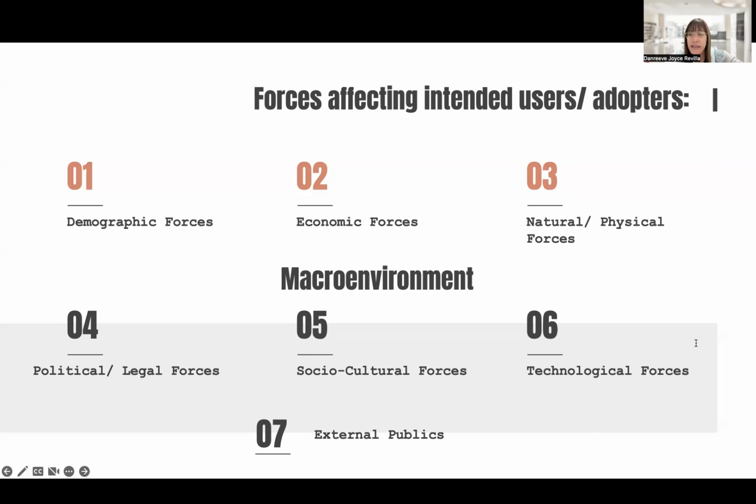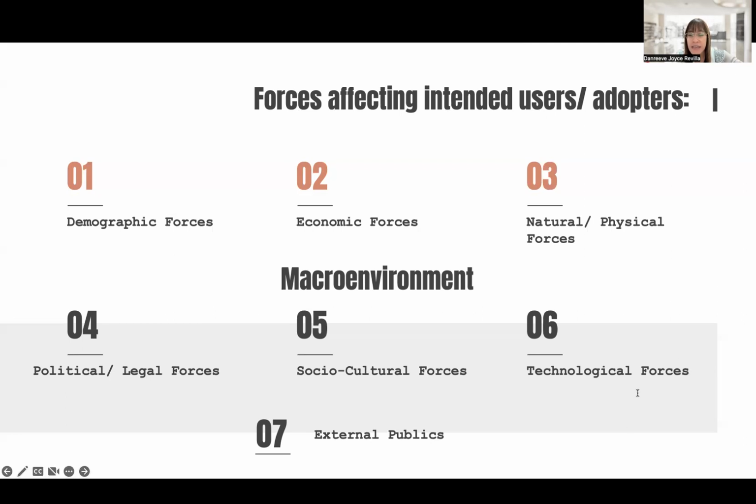These are psychographics of the intended adopters or their internal attributes like attitudes, values, preferences, mindset, motivation, predispositions, and personality. Next is technological forces, or the future-oriented changes in the development and new generation of technological breakthroughs.